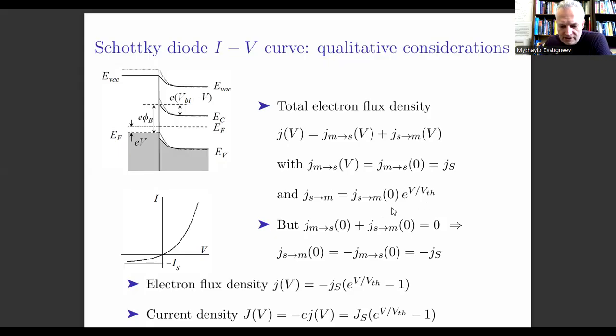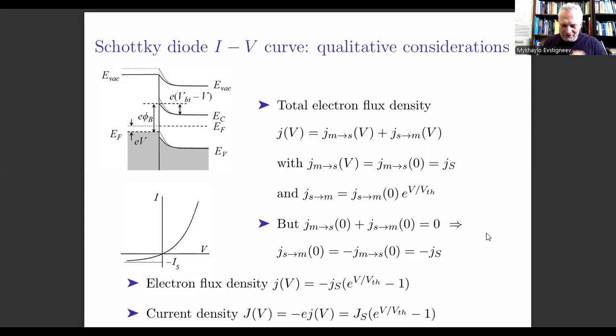So J semiconductor to metal at zero voltage is J S. Now I probably should put a minus sign here, negative J S, to indicate that the metal to semiconductor current flows in the opposite direction as the semiconductor to metal current.